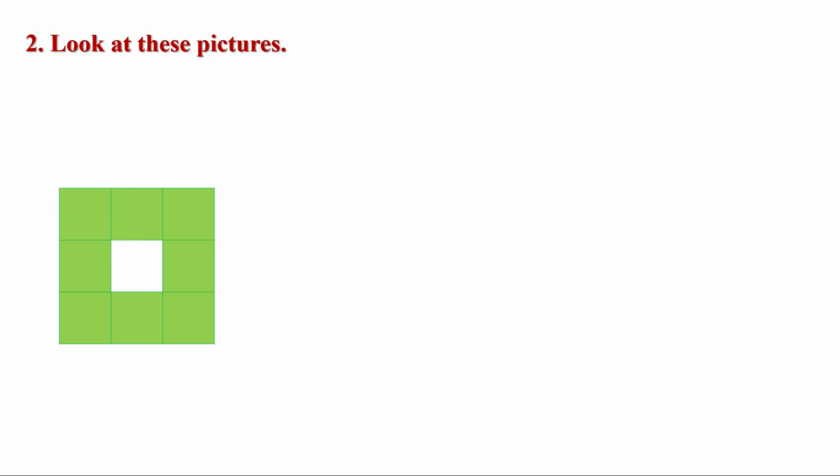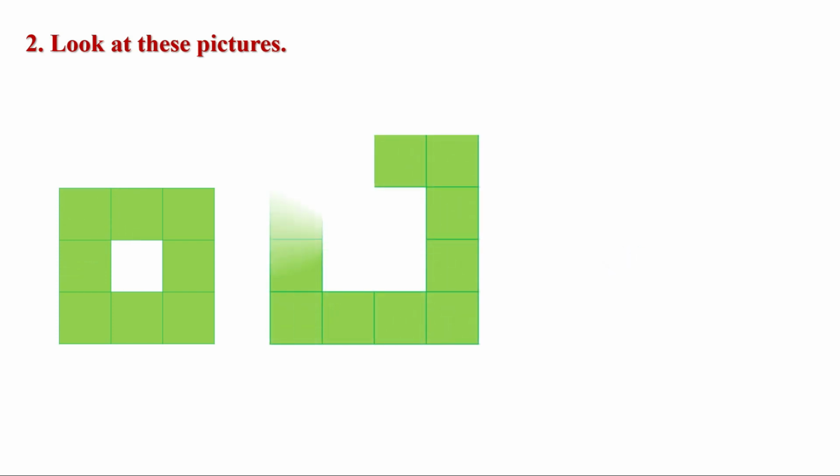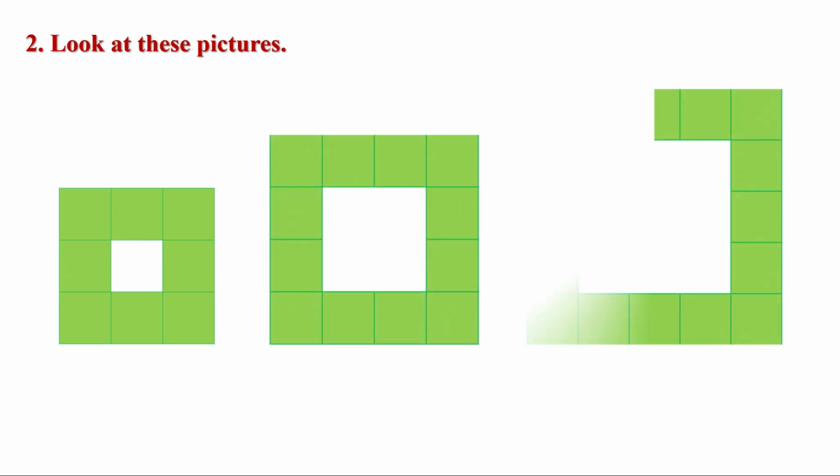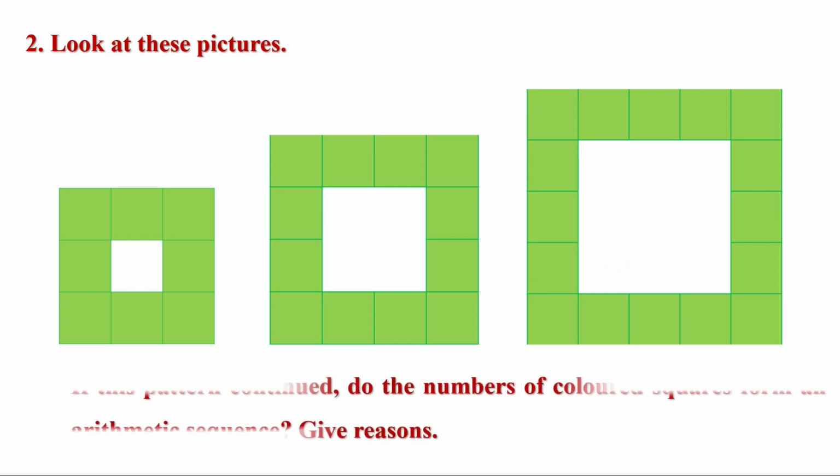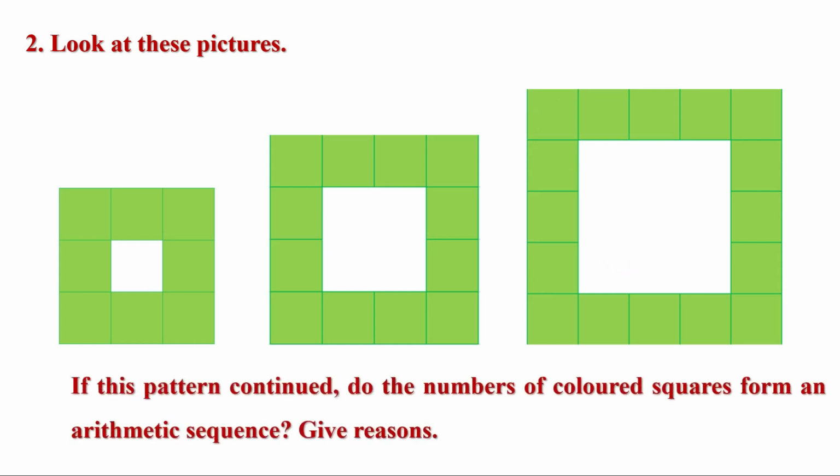Second problem. Look at these pictures. If this pattern continues, do the numbers of colored squares form an arithmetic sequence? Give reasons. In the first figure, there are 8 colored squares.